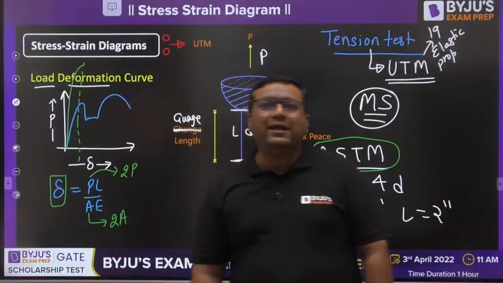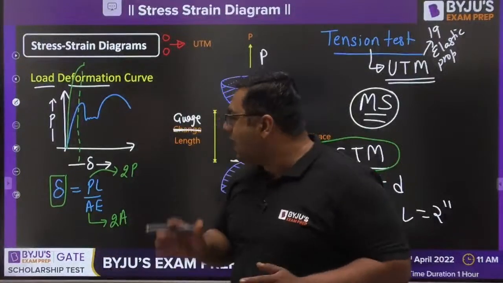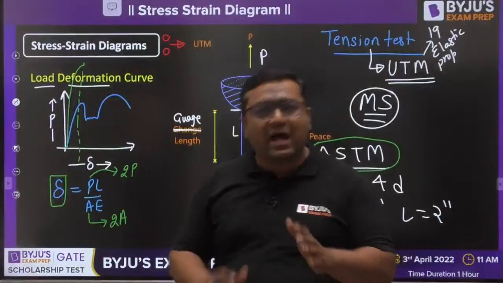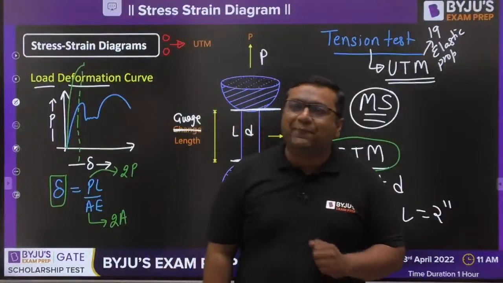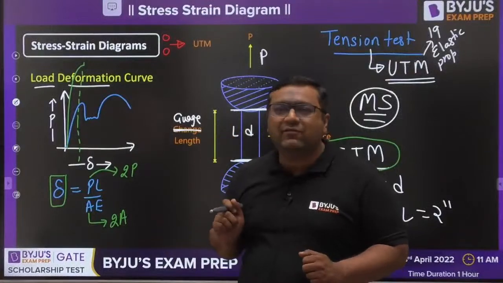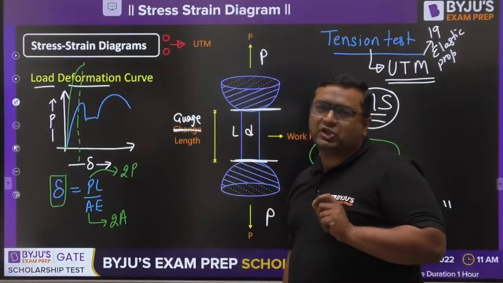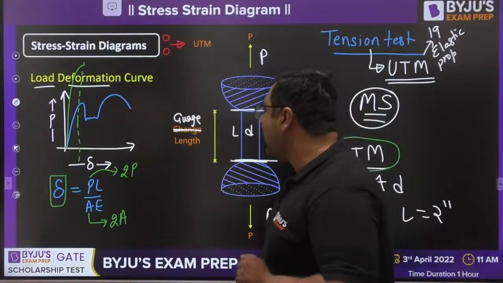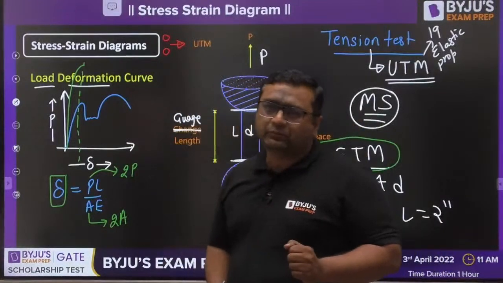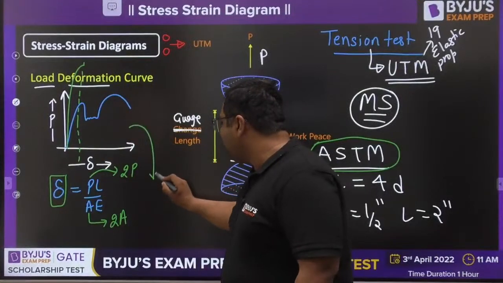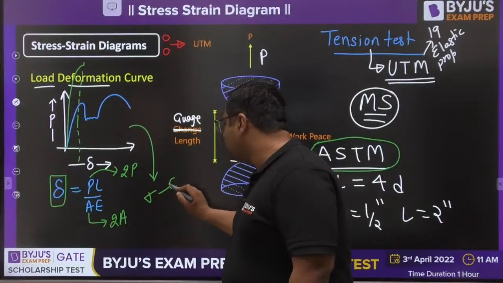So the point is, this time we are going to have a curve which depends on the shape and size of the specimen. And we wanted something which is independent of size and shape. So keeping that in picture, we changed our mind and replaced this P delta diagram with another diagram named the stress strain diagram.